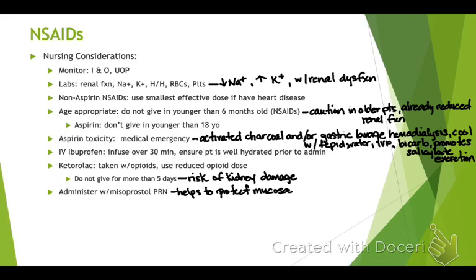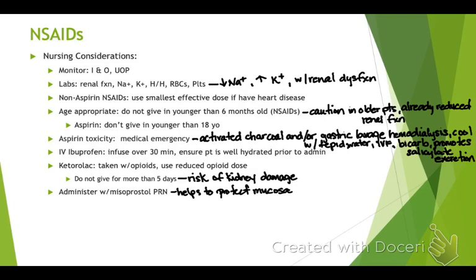Nursing considerations that we need to take into mind when we are giving NSAIDs is that you want to make sure you're monitoring your I's and O's, and you're monitoring your urine outputs. Labs that you want to look at is your renal function labs, your electrolytes, so like your sodium and potassium, your hemoglobin and hematocrit levels, your red blood cells, your platelets, all need to be monitored.